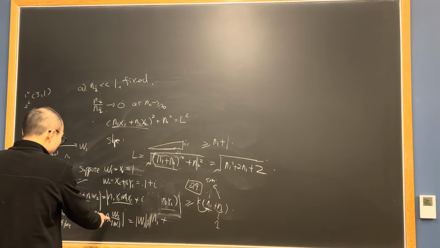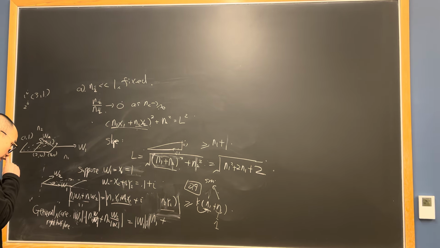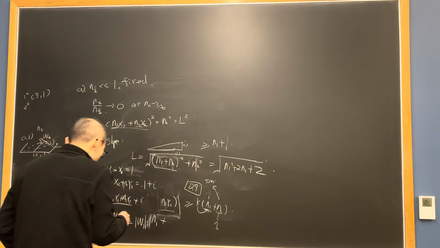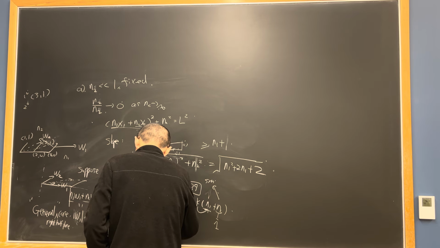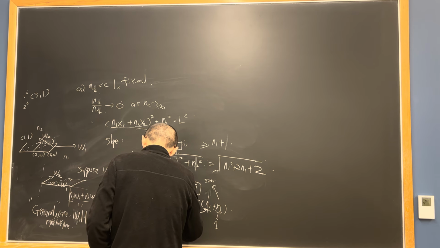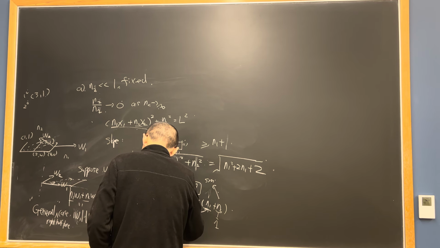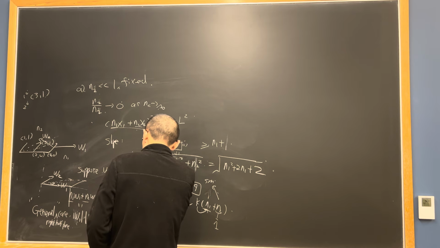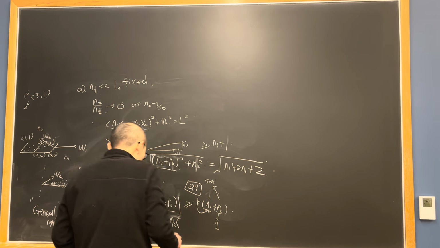And then, so this is what? Okay, so this is just the n2 times, okay, so here I have x2, iy2, right?